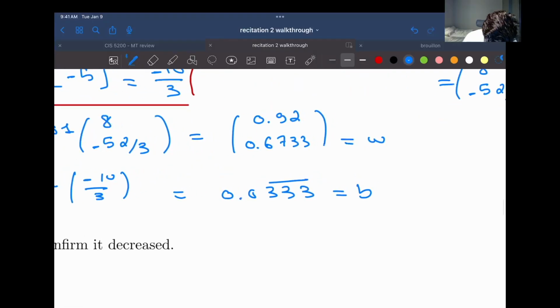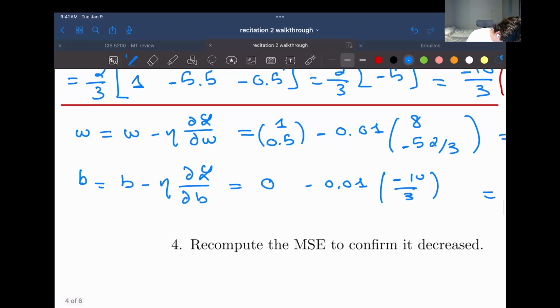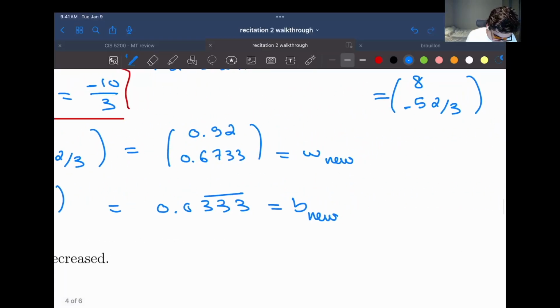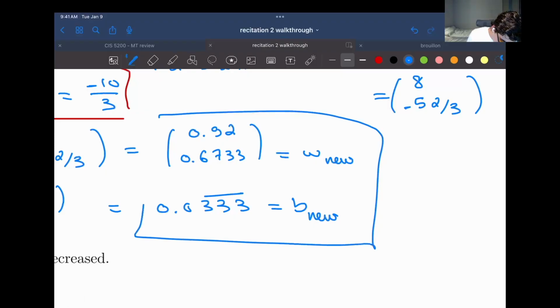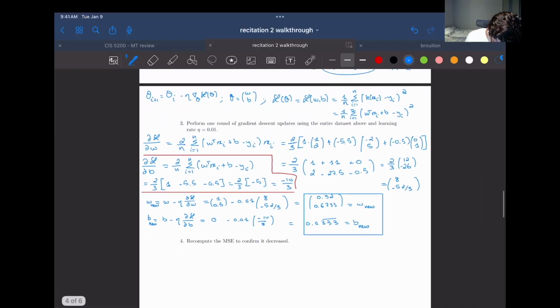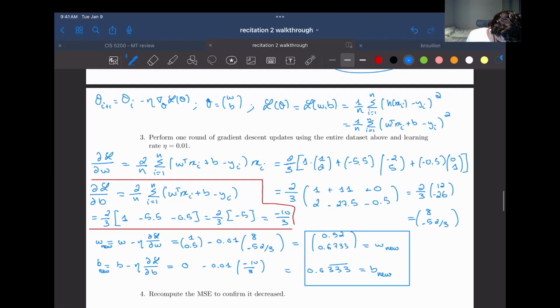Okay, so those are, let's call them new, let's be a bit rigorous, W2 and B2, or W and B at iteration 1, because the first iteration, whatever. So these guys are our new parameters. Perfect. So to sum up, this is the gradient descent formula.